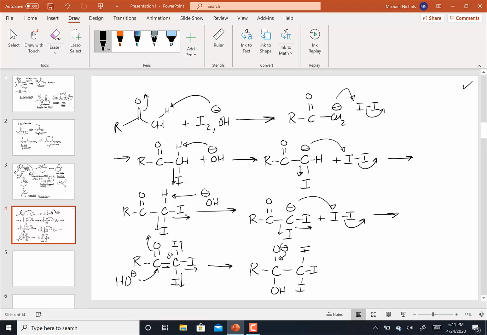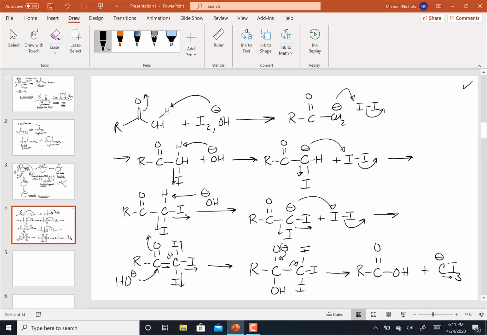So not the hydroxide will leave, but the CI3 will leave. And so I will end up over here with the carbonyl, the carboxylic acid, and now I'm going to end up with 3 iodines on my C-. Again, the C- is stable because the 3 iodines are each pulling electron density out of the carbon, so it's basically delocalizing that negative charge.